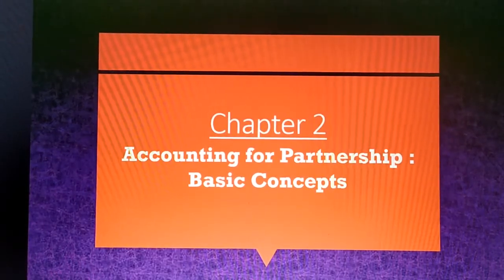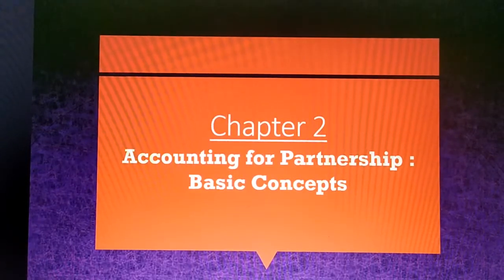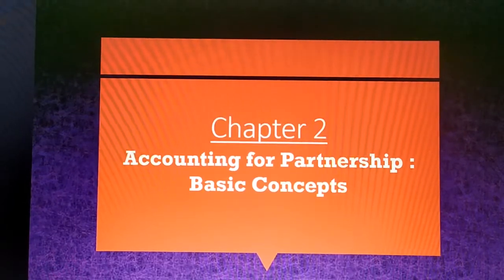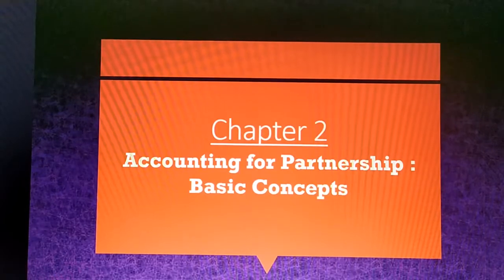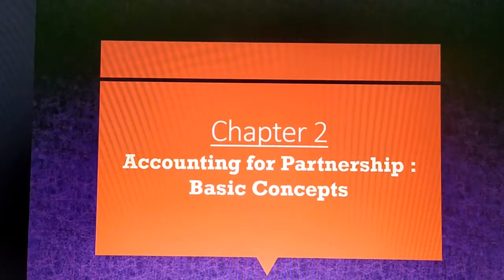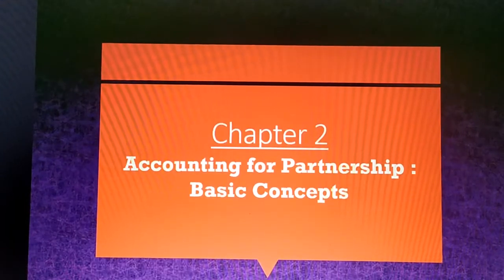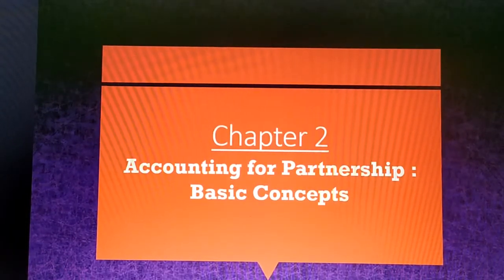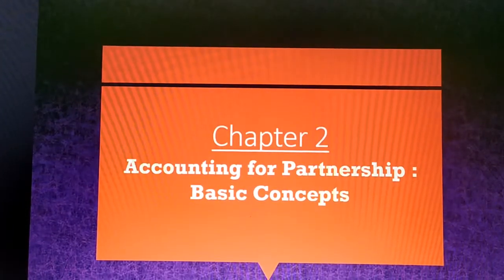So you are familiar with what is partnership. In class 11, while discussing the different forms of business organization, we have discussed that one of the forms of business organization is partnership. The other forms were sole proprietorship, then company, then Hindu undivided family and cooperative societies, isn't it?